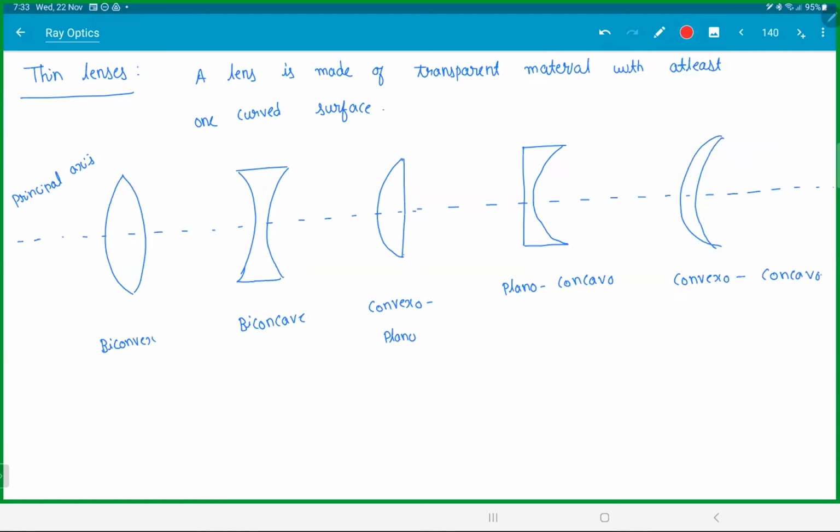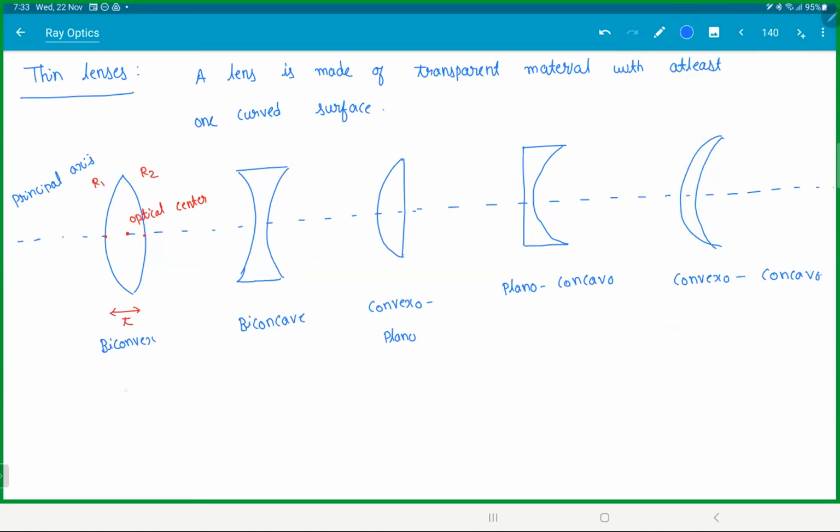So here we don't call it optical pole, we call it optical center. And here, T is the thickness of the lens. R1 and R2 are the radii of curvature.